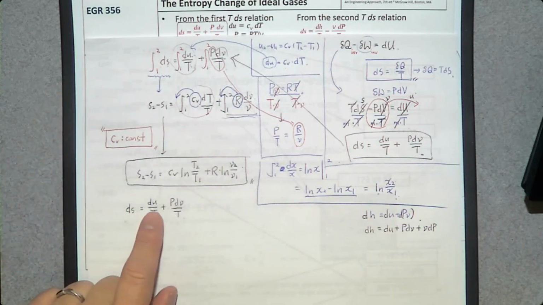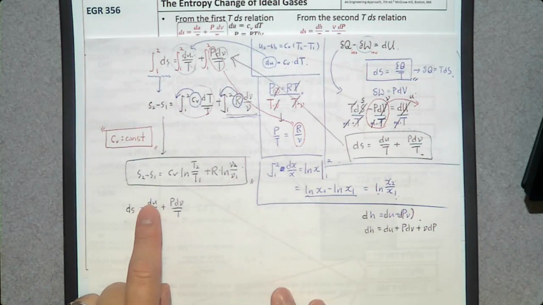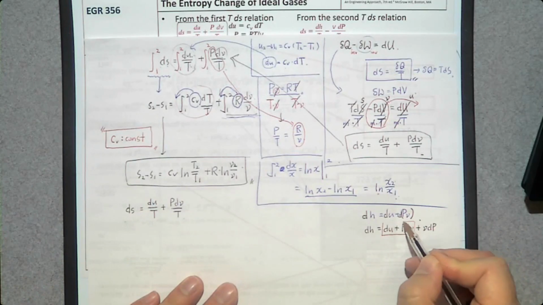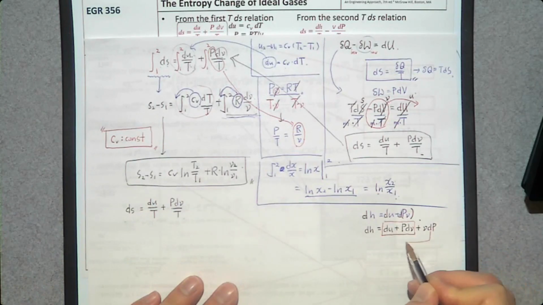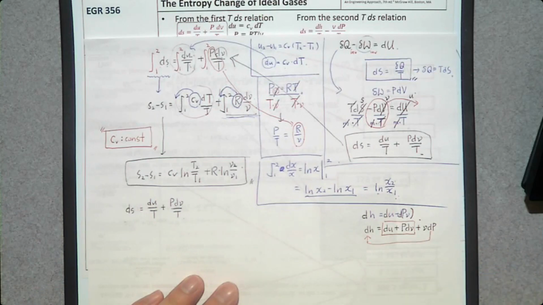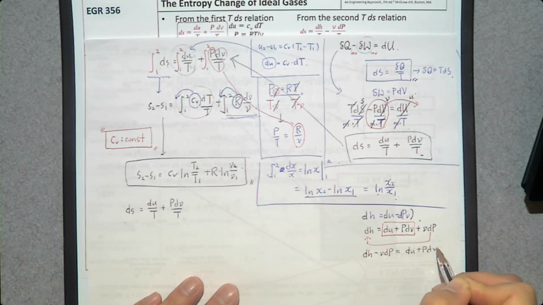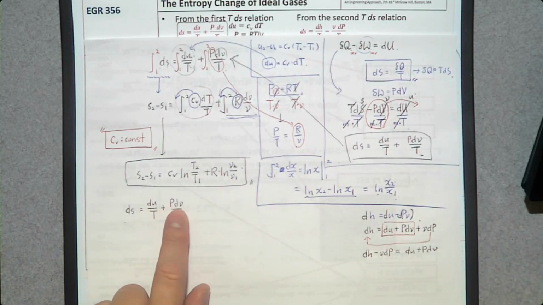Then, if you look at this equation, we have du plus PdV. Here we also have du plus PdV. Then, can we move this one to the left-hand side? Yes. Then, dH minus VdP is the same as du plus PdV.